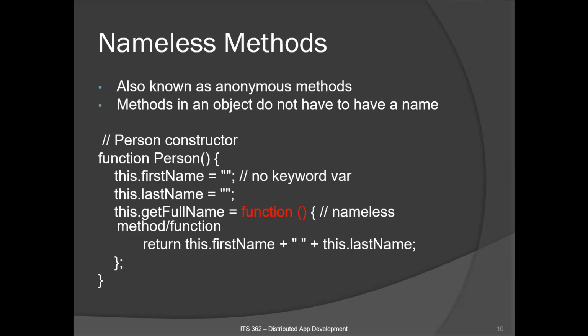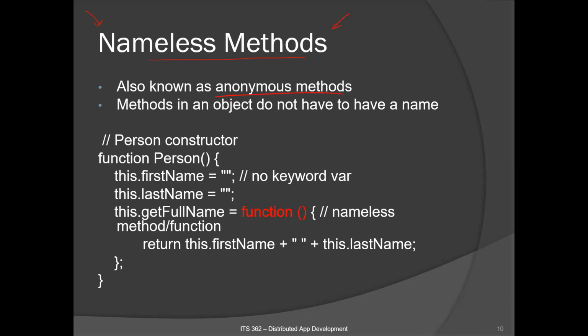Nameless methods. These are the famous nameless methods that JavaScript has, and these are actually also used in jQuery, right? So also known as anonymous methods or anonymous functions. These are methods in an object that do not have a name.